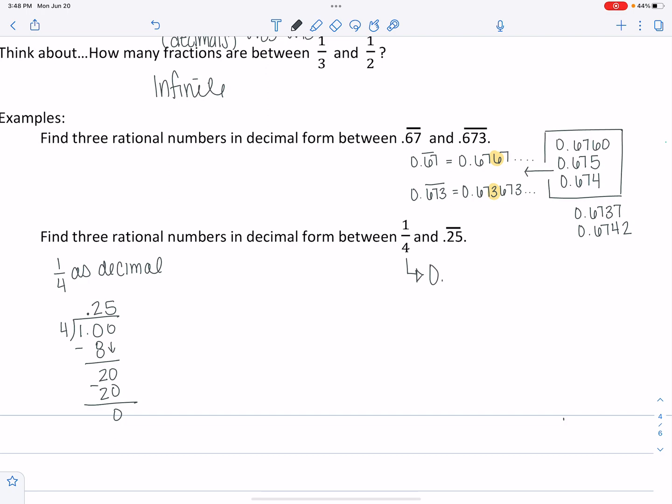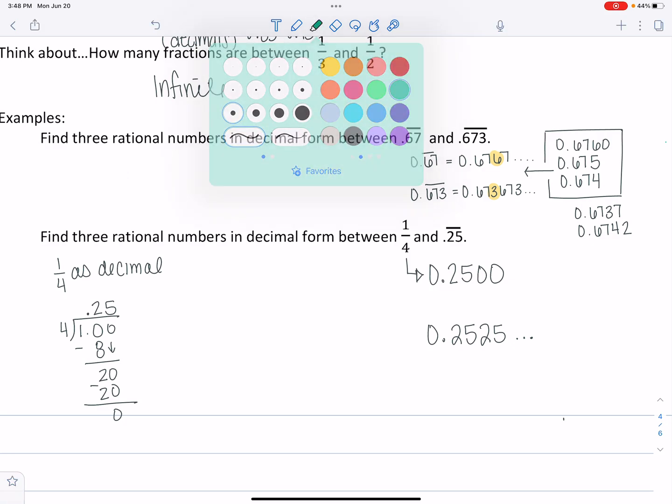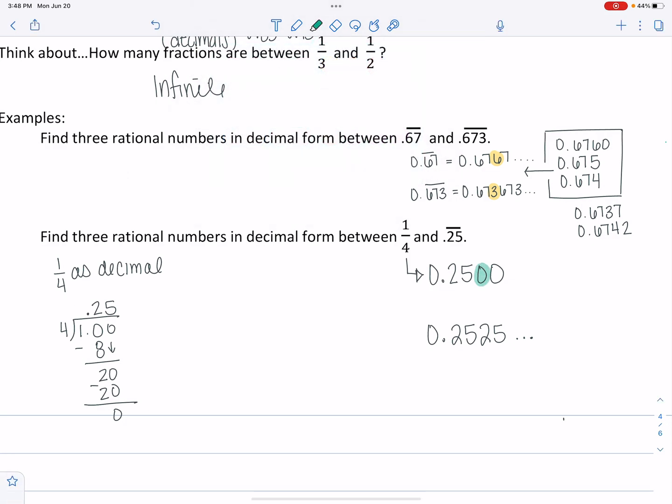We've got between 0.25 and 0.2525 and so on. And so I'm looking for numbers in between those. So look for where the first digit is that they're different. So I'm looking for numbers between 0 and 25. Those would all be between these two decimals on a number line.